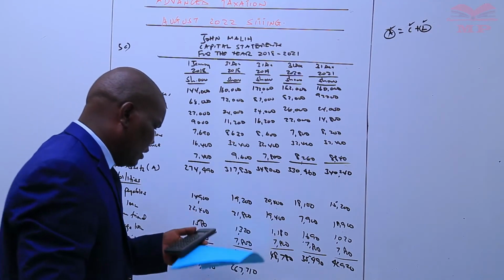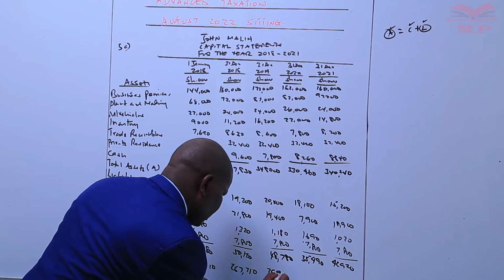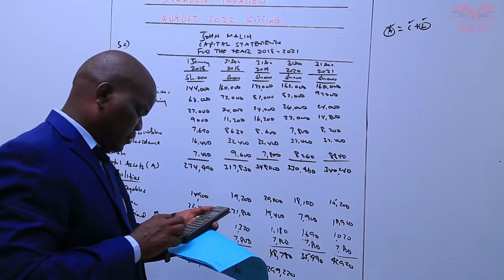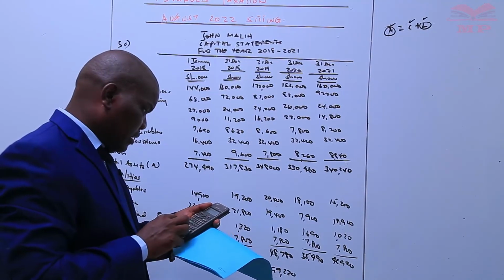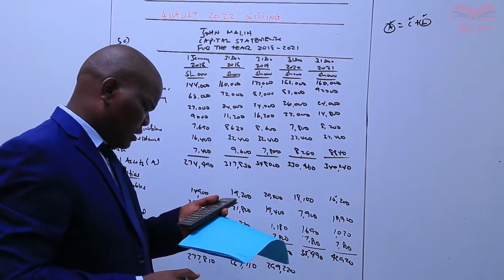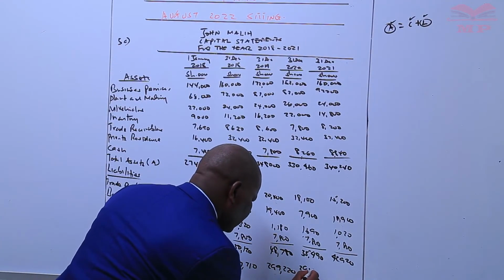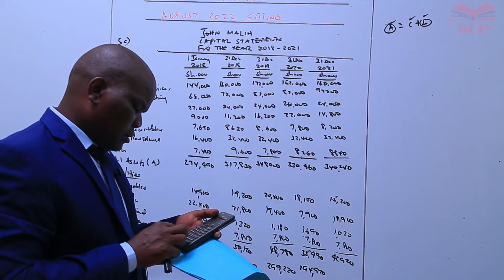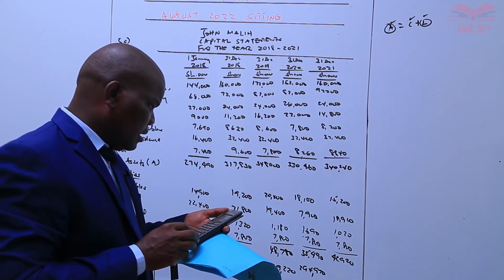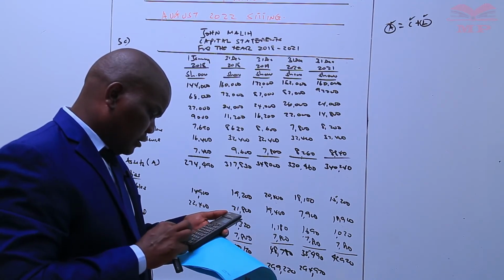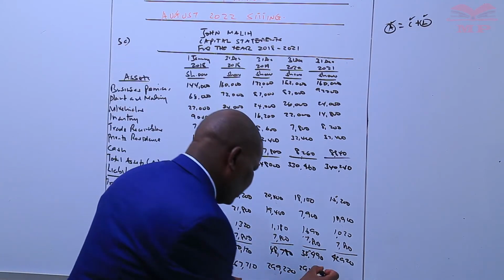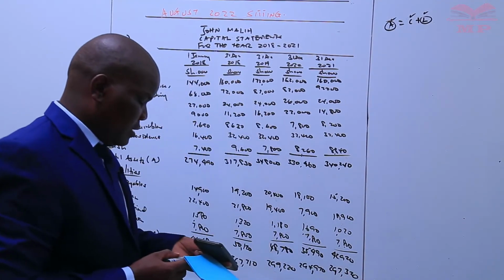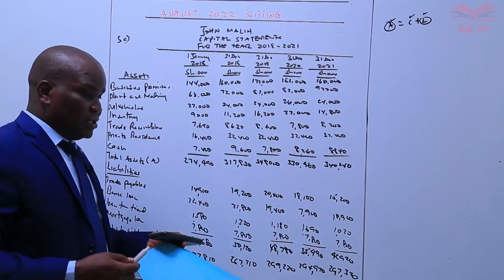I get 299,220. Next, 330,460 less 35,490. I get 294,970. And lastly, 340,240 less 42,920. I get 297,320.